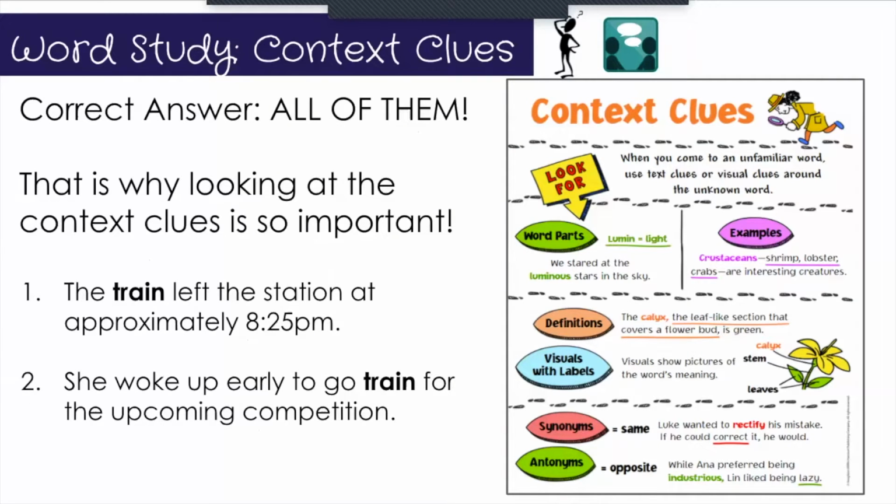The correct answer was all of them. That is why looking at the context clues with our reading is so important. For example, you could have thought, the train left the station at approximately 8:25 p.m. What type of train are we talking about here?